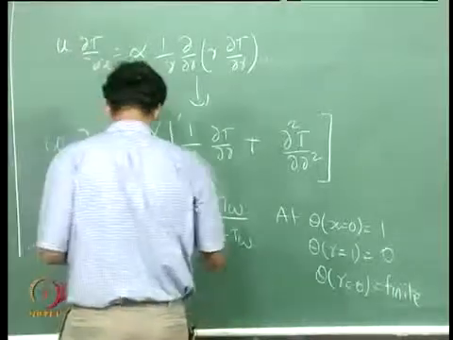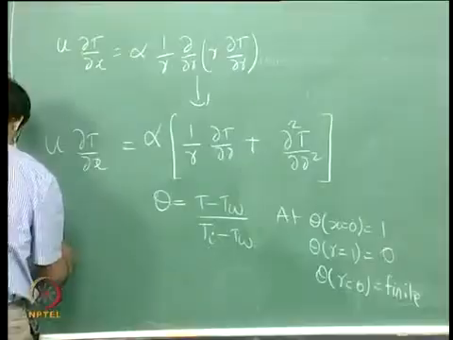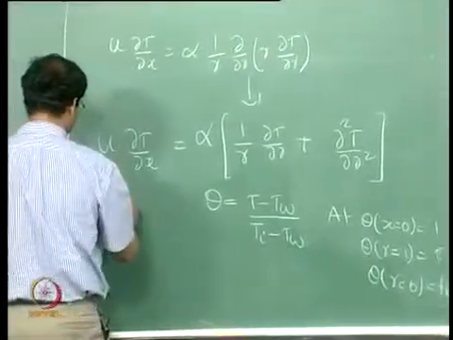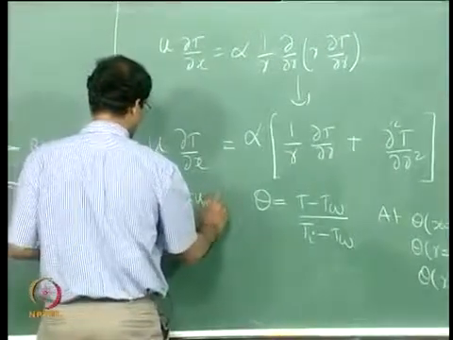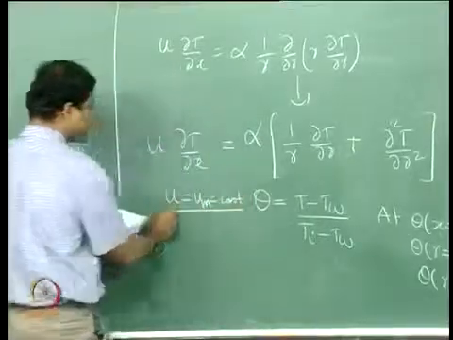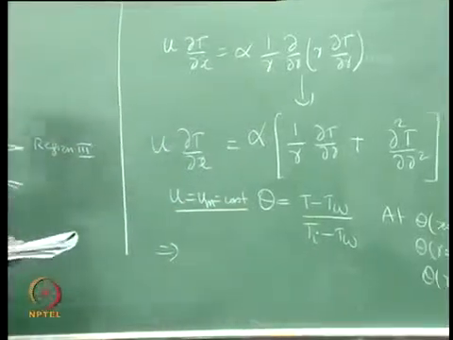Okay, so substituting this, we can rewrite it. I can say u equal to u_m, which is a constant based on the plug flow assumption.